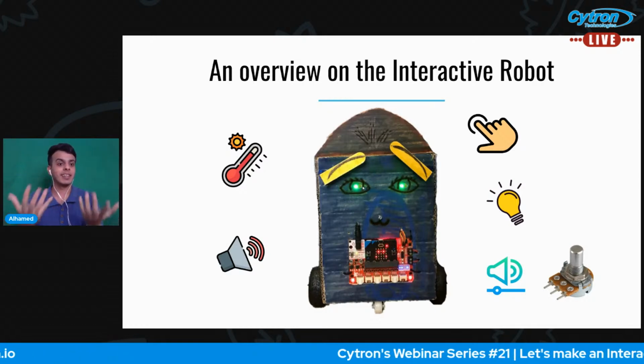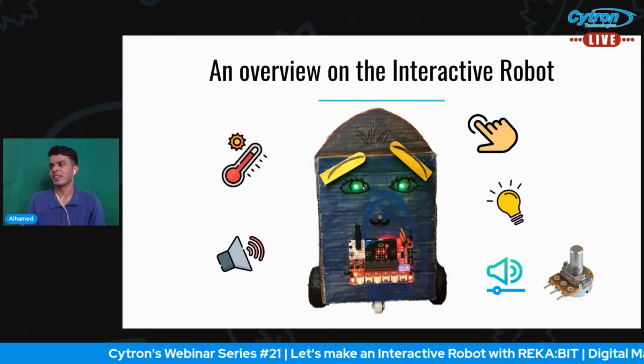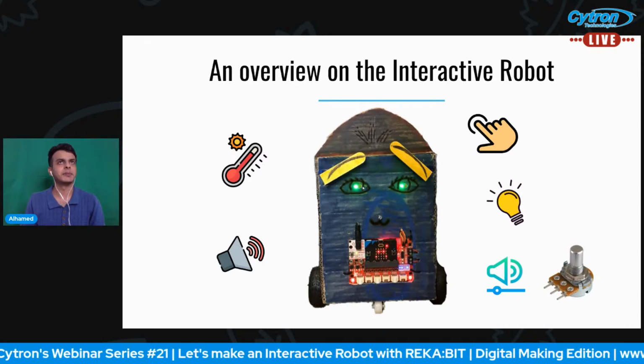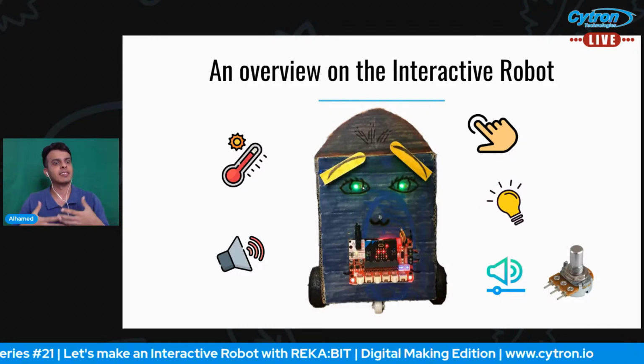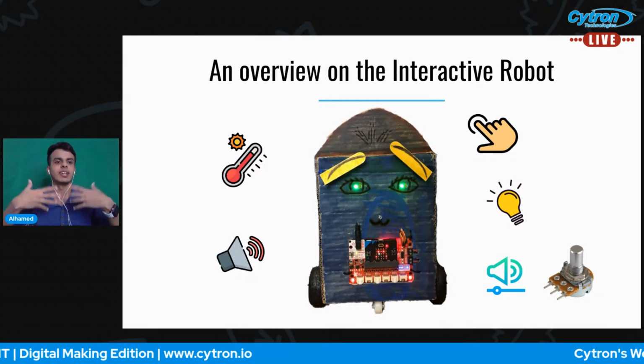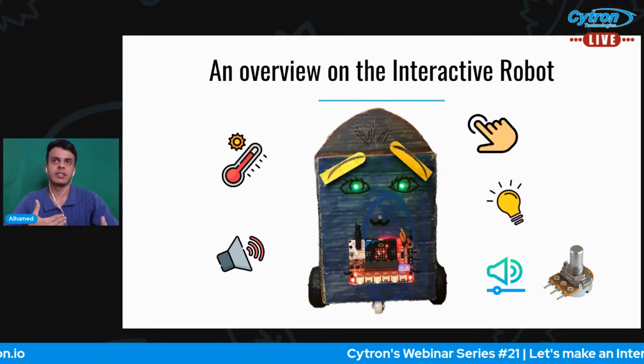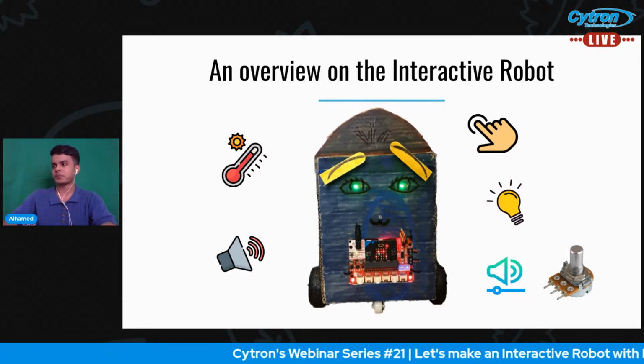It will show a sad or angry expression because of the high temperature, and it will also produce a sad sound. This icon will also show a sad expression once we reach the high temperature.